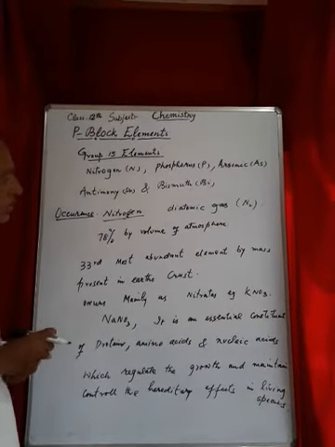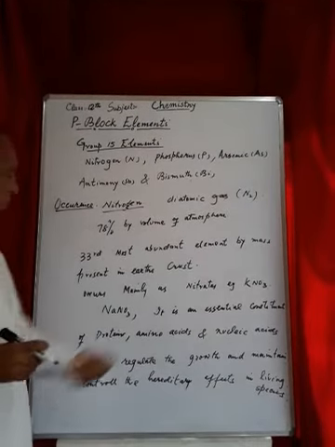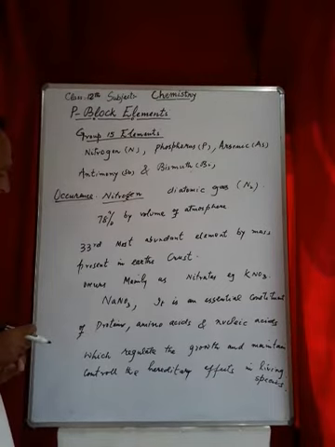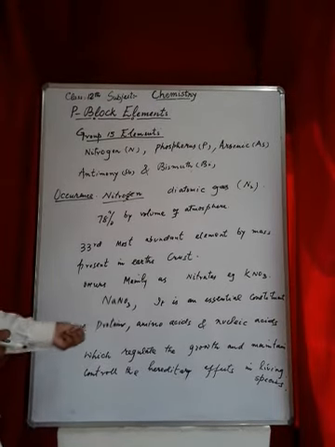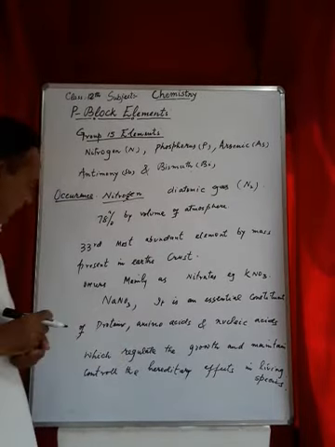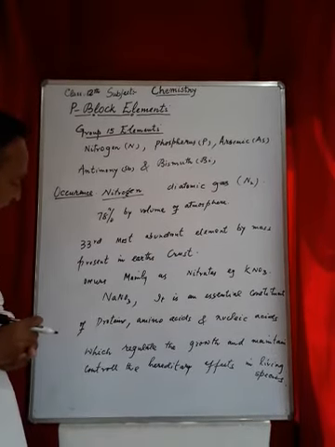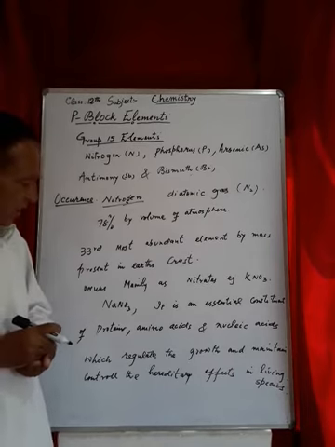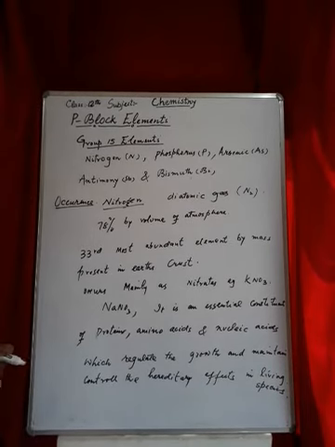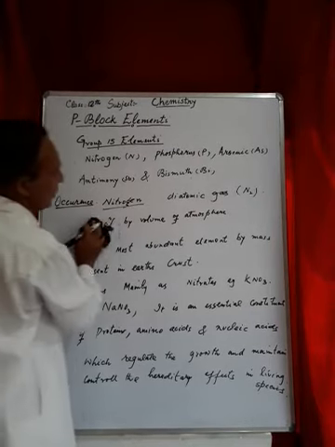It mainly occurs in the form of nitrates like potassium nitrate, like sodium nitrate. It is an essential constituent of proteins, amino acids, nucleic acids, which regulate the growth and maintain the hereditary effects in living species. Now, phosphorus.